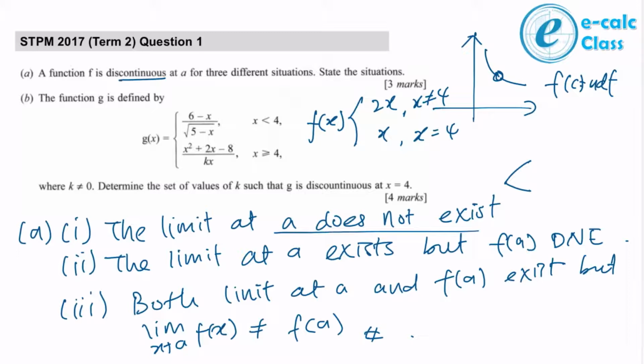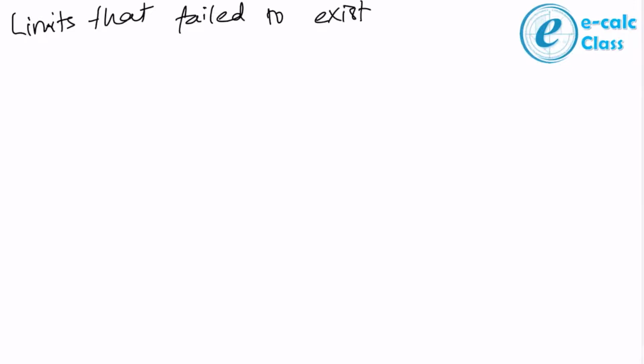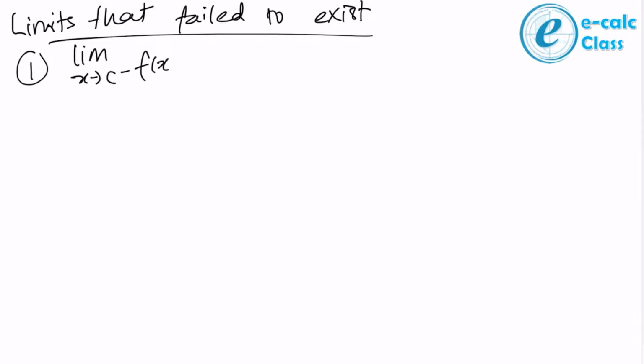Now I want to talk about limits that do not exist. Let me use a blank page. Limits that fail to exist. The first condition is what we discussed earlier: the limit when x approaches c from the left is not the same as the limit when x approaches c from the right.